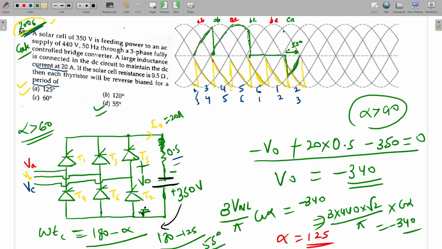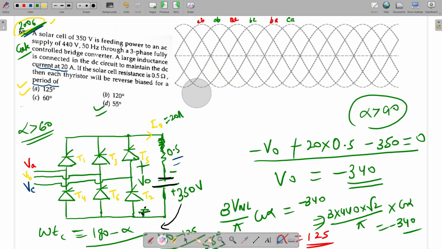Okay, so here I have drawn the waveform. So for 125 degrees, one second. I think it is not looking correct. I will omit it and start fresh. So this is V_AB. One second.